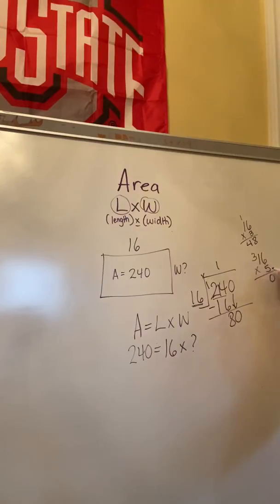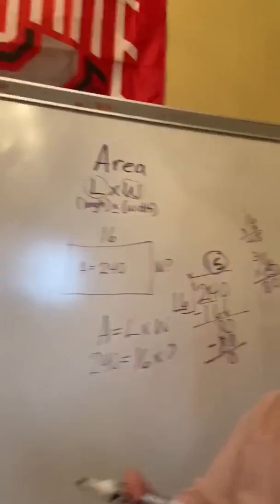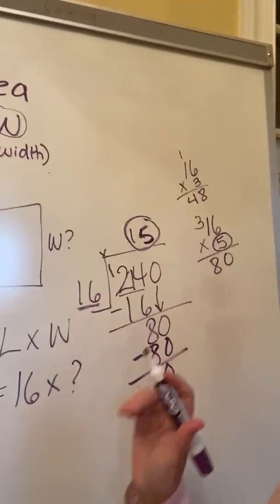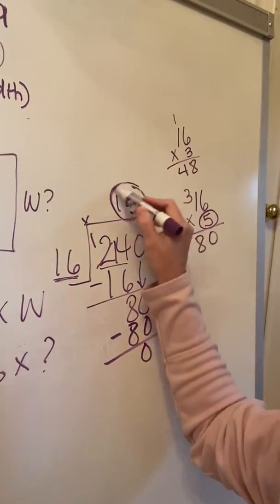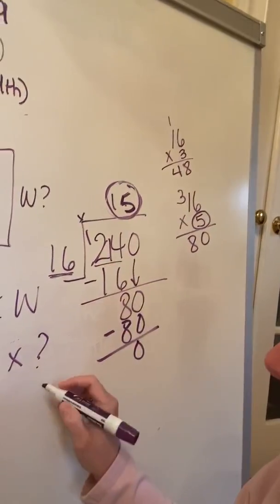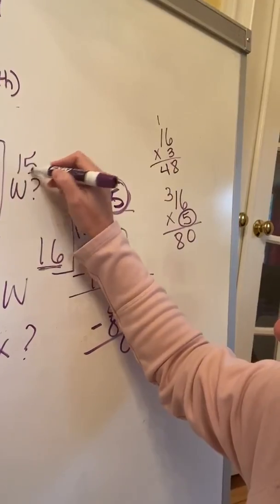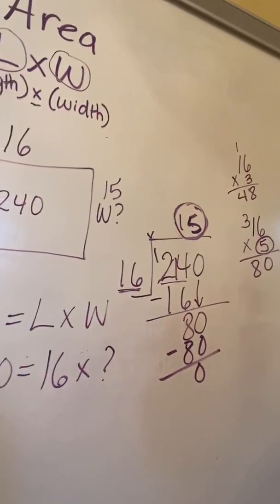That would be 30, that would be 8. So I know that 16 times 5 equals 80 exactly. So my missing width will be what I got as my quotient, which is 15. So 15 would be the width of this.